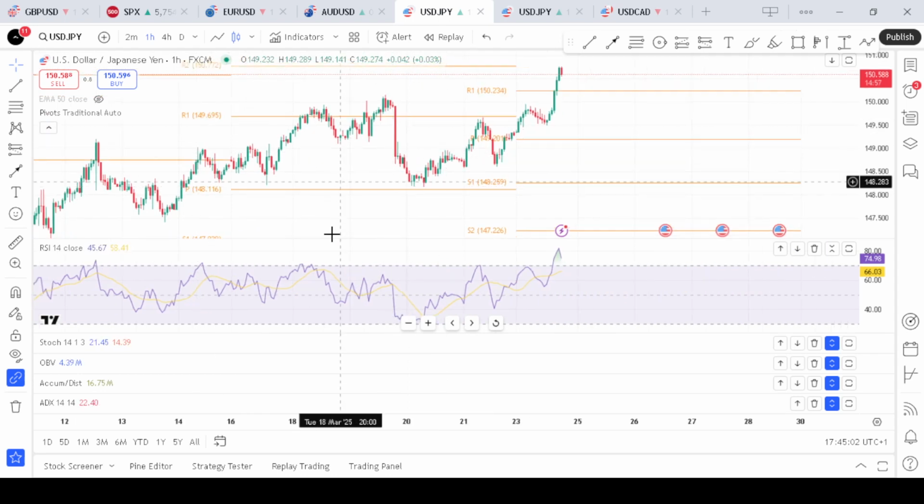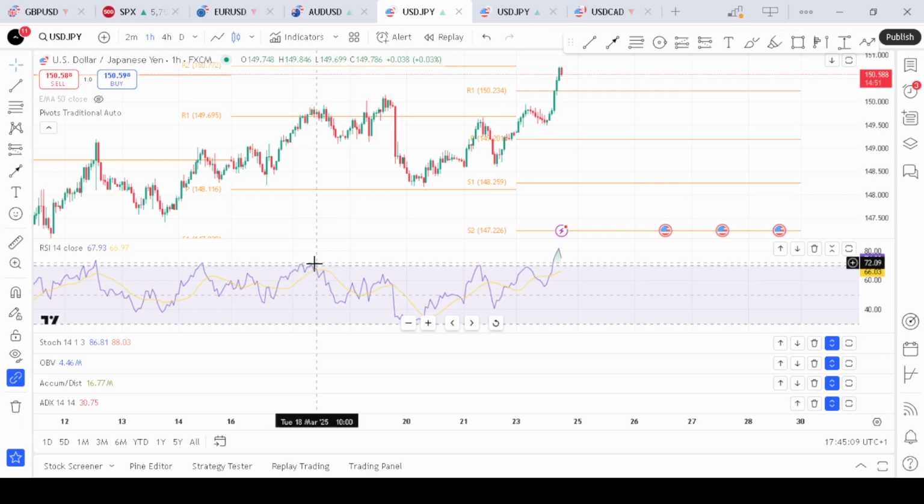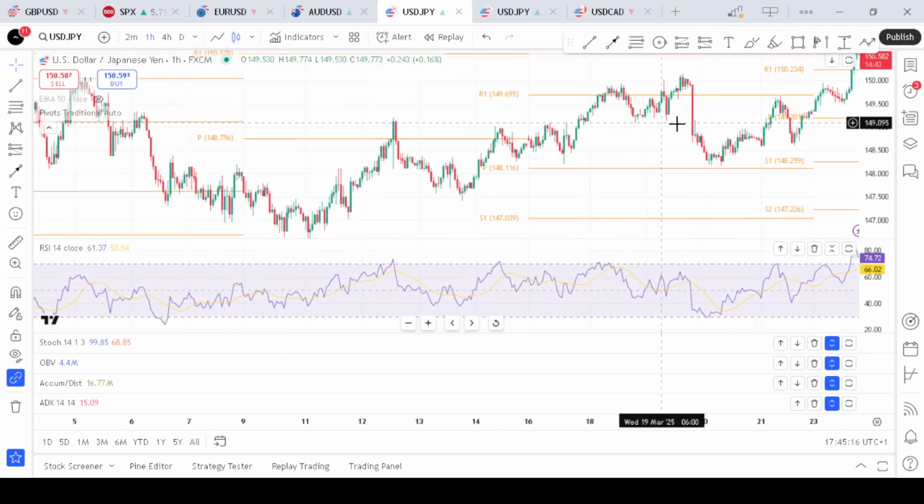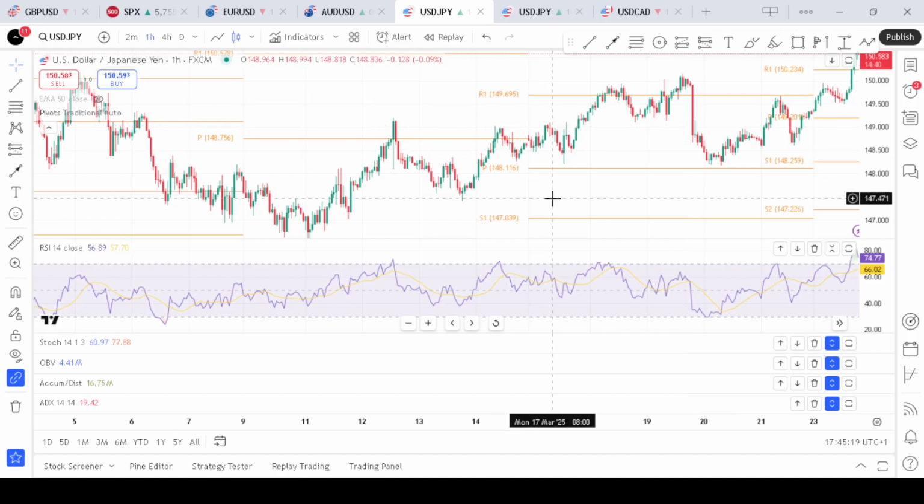At this area, this is a typical example of above 70, where you expect price to reverse to the downside. Even if it was for a short period, this signifies that it is in an overbought condition, expecting a reversal. That is how we make use of this indicator, the RSI, to spot the trends.